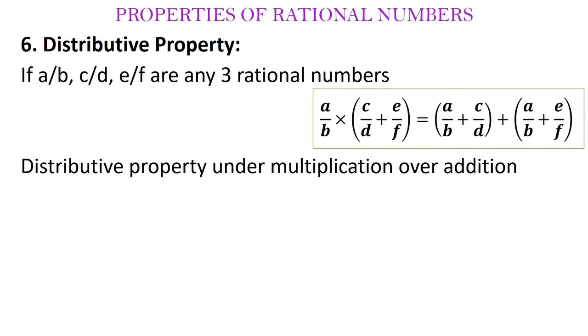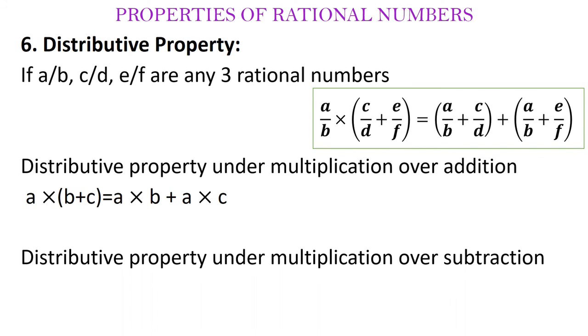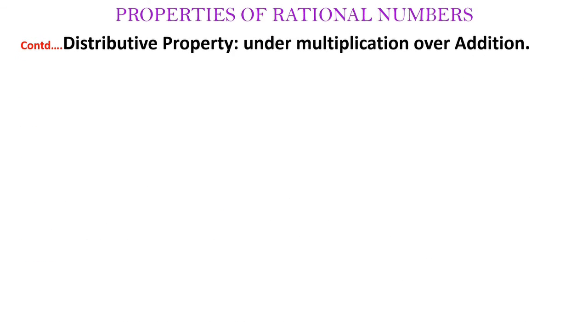Distributive property under multiplication over addition: a into (b + c) can also be expressed as a into b plus a into c. Distributive property under multiplication over subtraction: a into (b minus c) is equal to a into b minus a into c. What are these? Distributive property under multiplication over addition. An example.